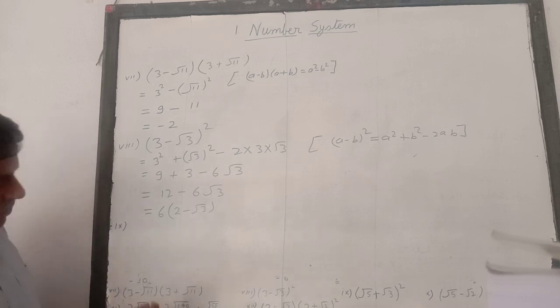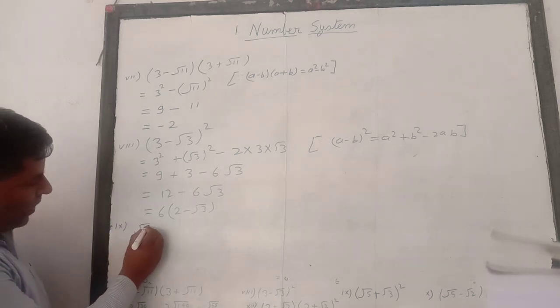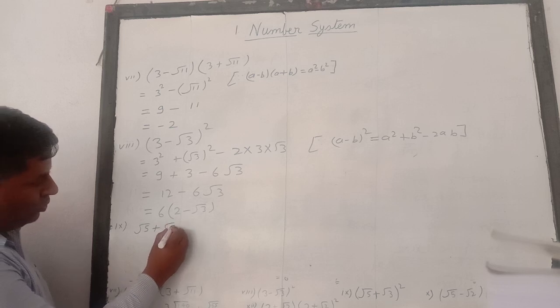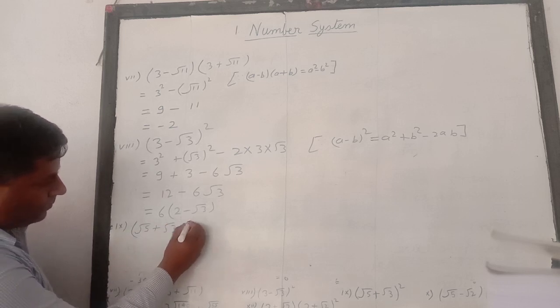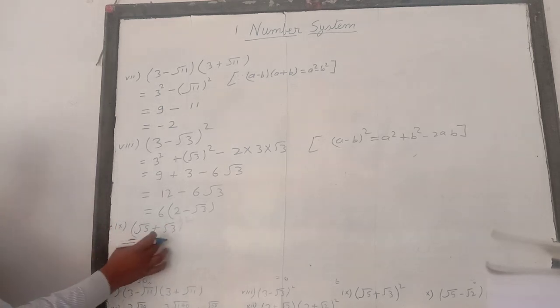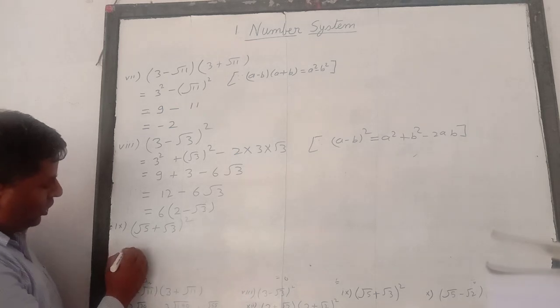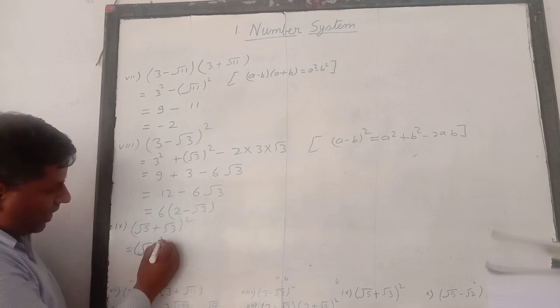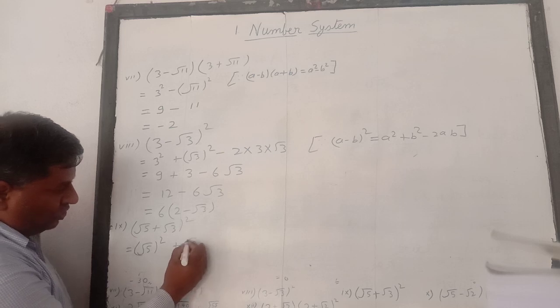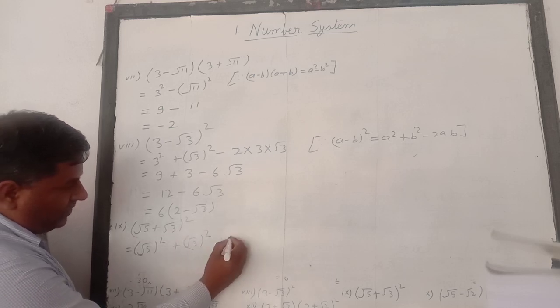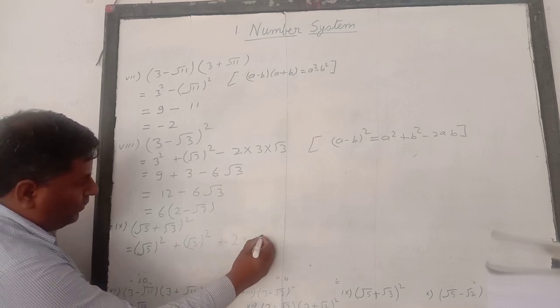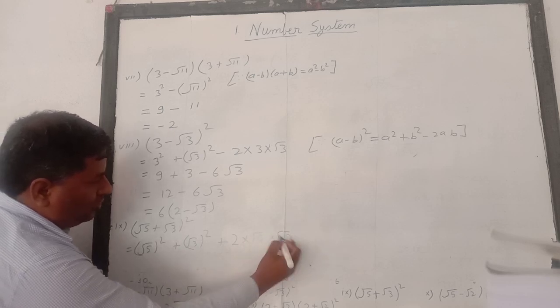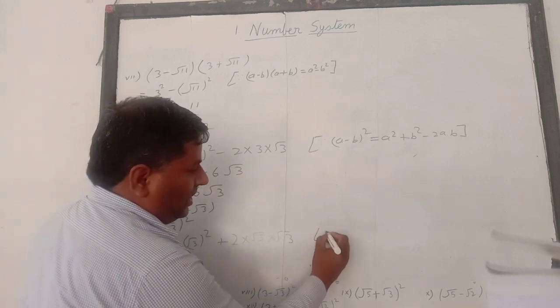In question number 9, we have root 5 plus root 3 whole squared. Now it is (a plus b) whole squared, which is equal to a squared plus b squared plus 2ab. So first I have root 5 whole squared plus root 3 whole squared plus 2 into root 5 into root 3. So again, what identity have I used here?